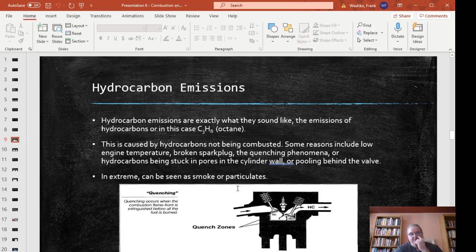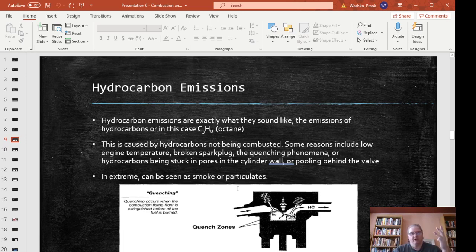There are a lot of reasons for this happening. Either there's something wrong with your control system such that it's not controlling to 14.7 to 1, or low engine temperature, it's operating cold, or there's something wrong with the ignition system or the spark plug. The gap on the spark plug is potentially wrong. Some part of the chamber is cold due to uneven heat transfer, or there's a problem with the cooling around the cylinder head and it's not evenly heated.